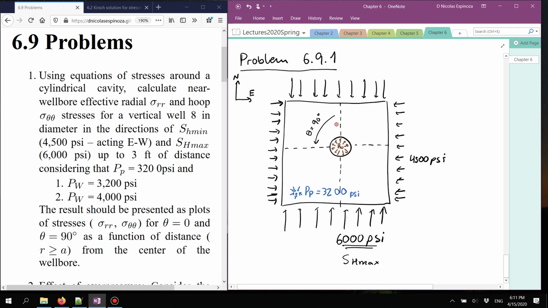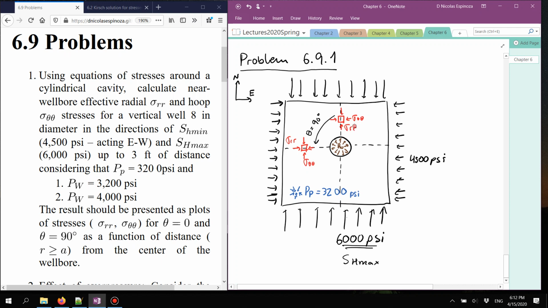So let me complete this. For example, for theta equal to 90, as in this case, the objective is to calculate the hoop stresses and the radial stresses. Notice that the hoop stresses and the radial stresses depend on whether your theta is equal to 90 or, for example, equal to 0. For theta equal to 0 degrees, now this is the hoop stress and this is the radial stress.